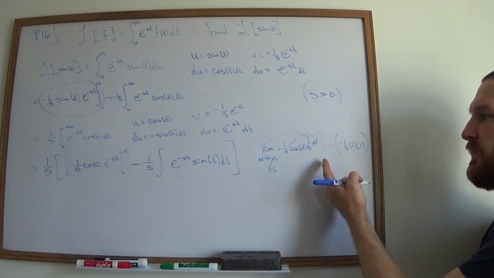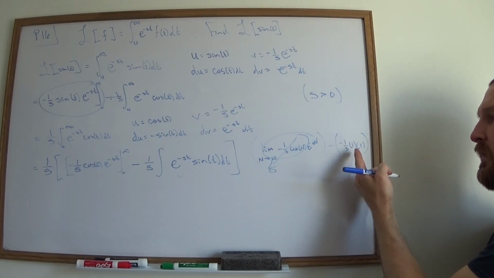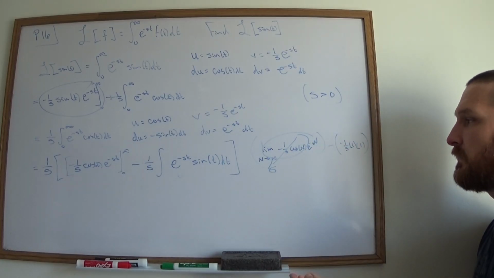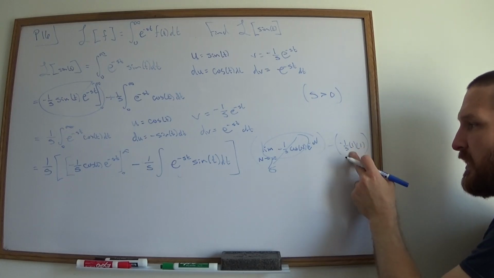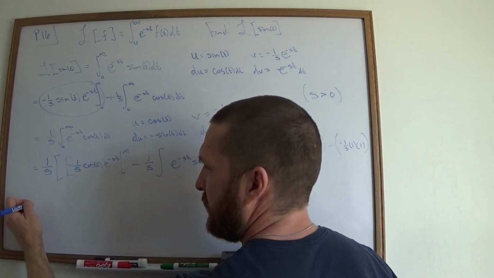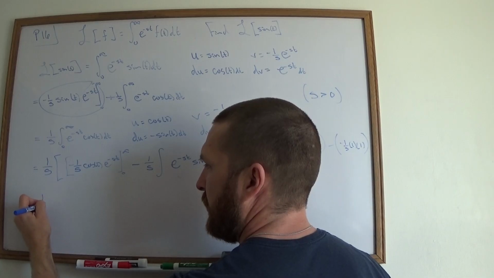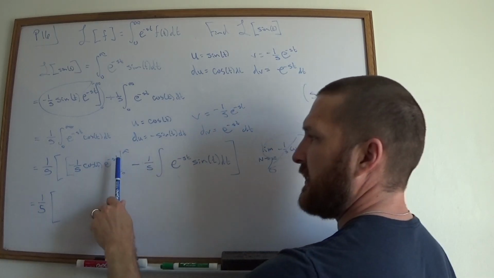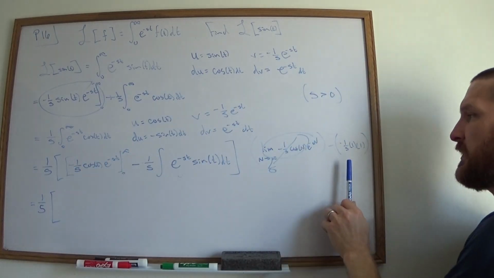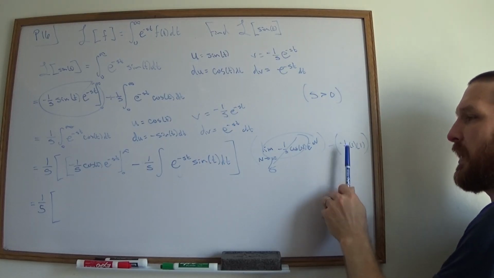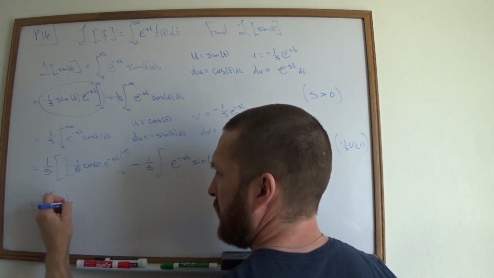And so what we're left with is a negative 1 over s times 1, which is still negative 1 over s. So negative is then positive. So I need to be careful here. But this entire thing worked out to be negative, so positive 1 over s.